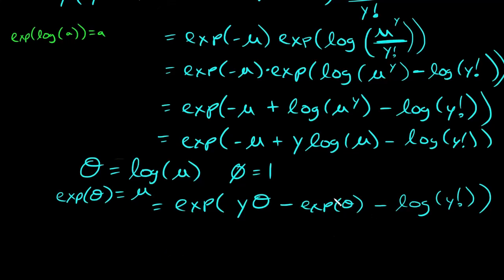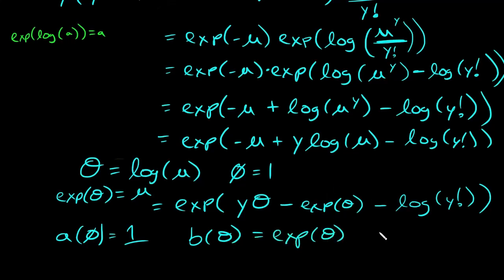All right. So now I can say what a of phi is: it's just going to be 1, right? Because I don't have any denominator there. b of theta is this term right here, e to the power of theta.